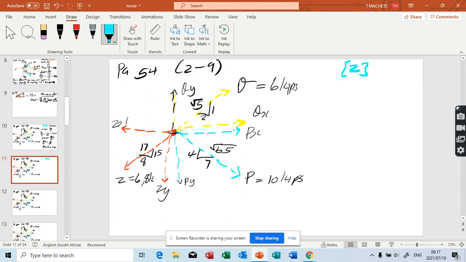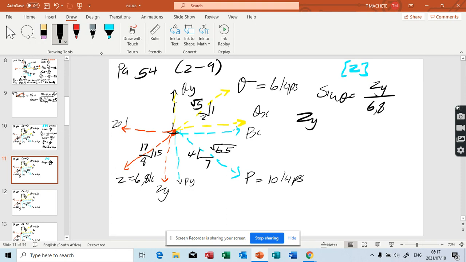Sine theta, Zy. 6.8. Okay, let me confirm that Zy is equal to opposite, which is opposite to that angle. Okay, now that's correct. I agree.